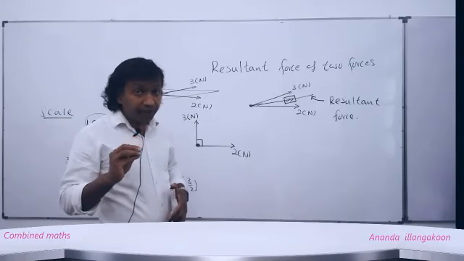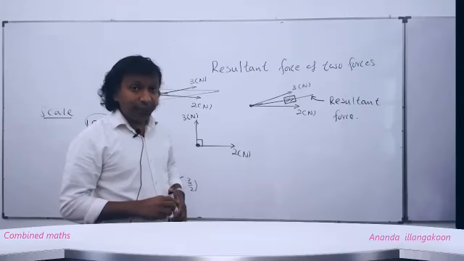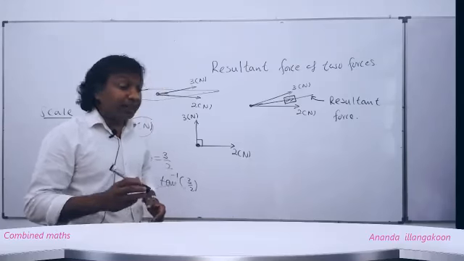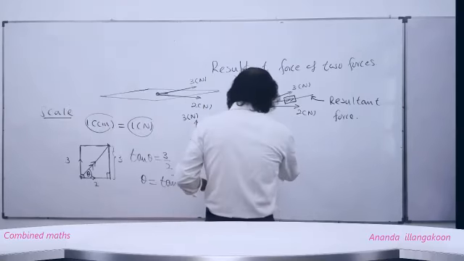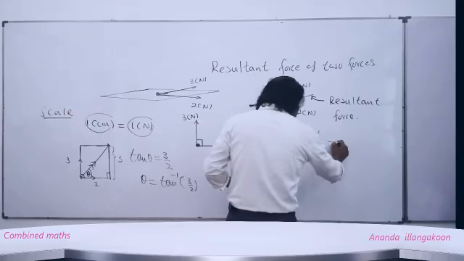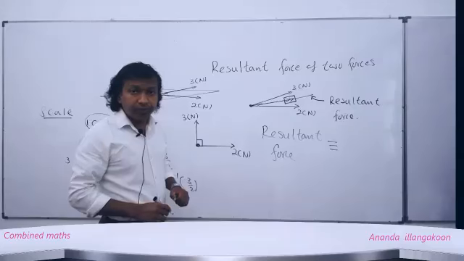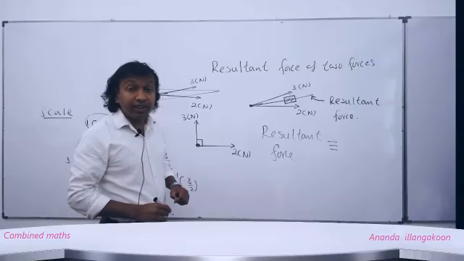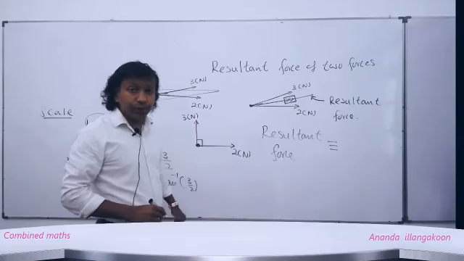In this way, this resultant force is called the vector sum of these two forces. Resultant force is equivalent to the sum of the two forces, 2 newtons and 3 newtons.